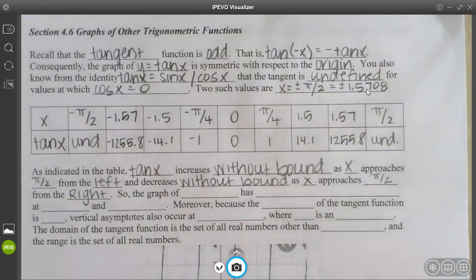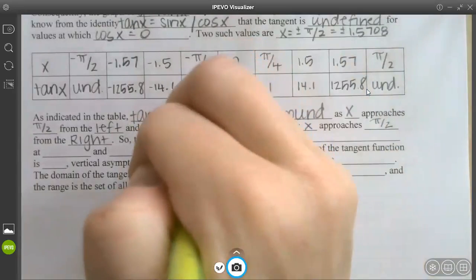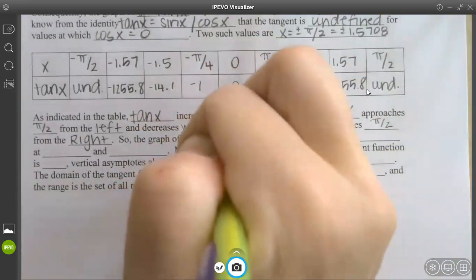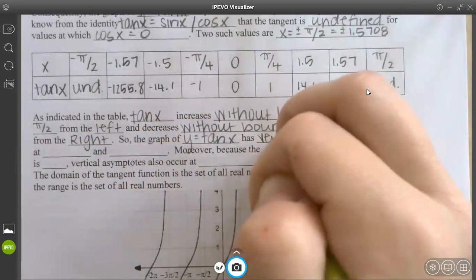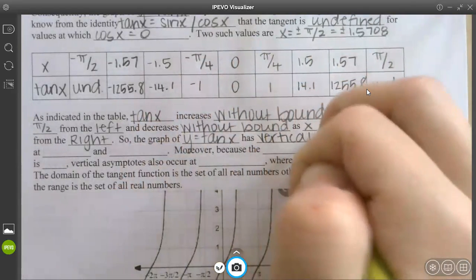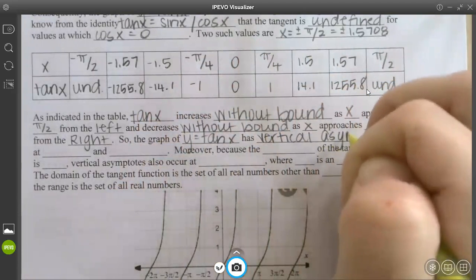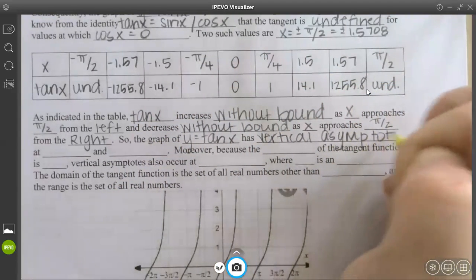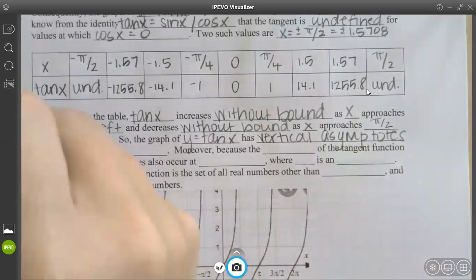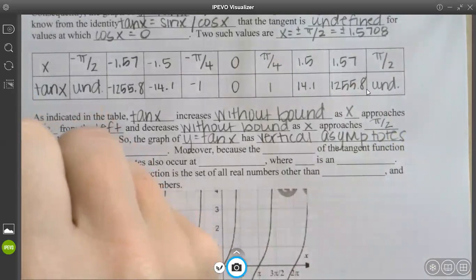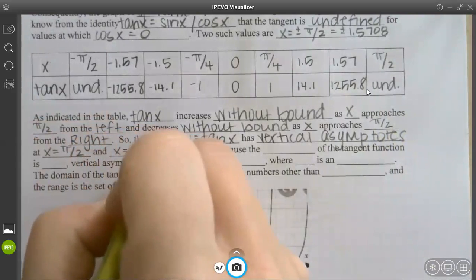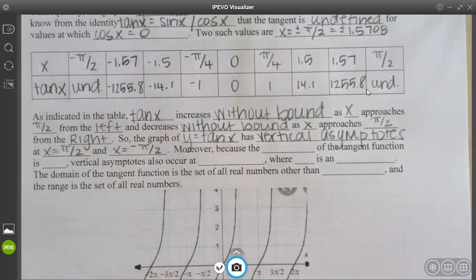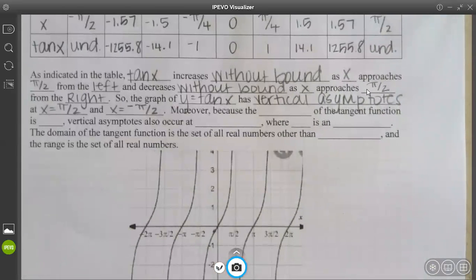So the graph of y equals tan x has vertical asymptotes at x equals pi over 2 and x equals negative pi over 2. Again, why are they undefined? Those are your vertical asymptotes.